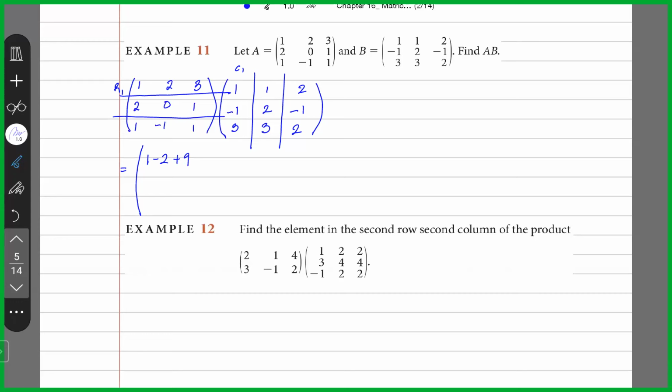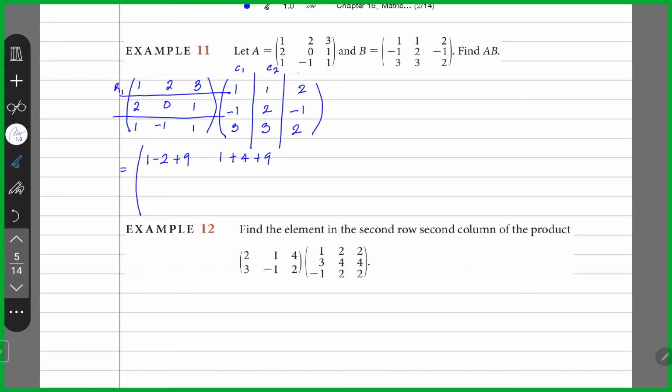Next, I'm going to multiply the first row by the second column. 1 times 1 is 1. 2 times 2 is 4. And 3 times 3 is 9.